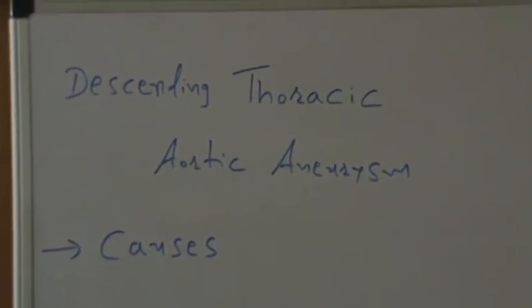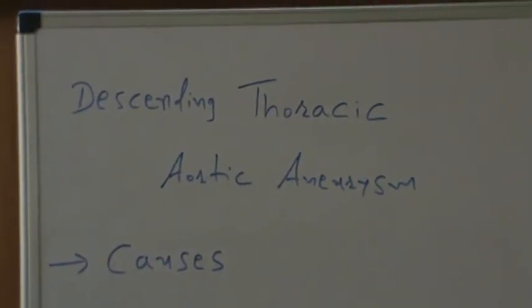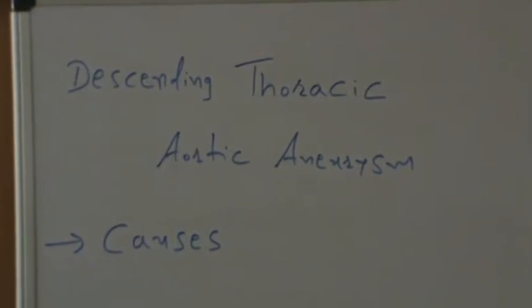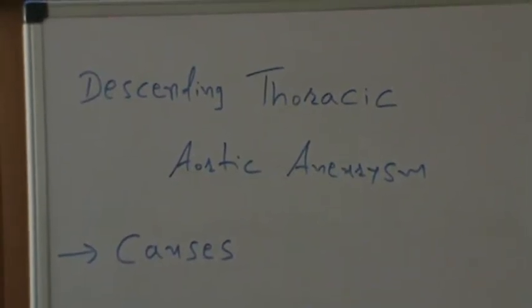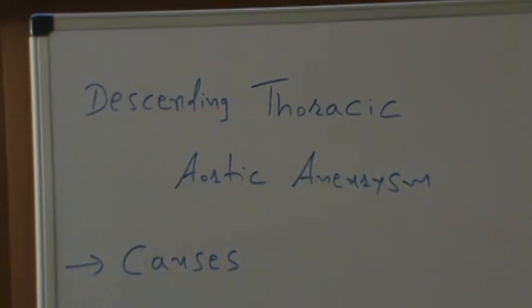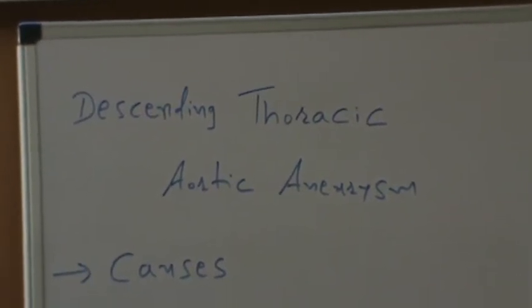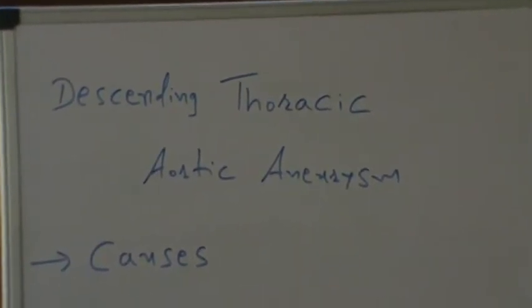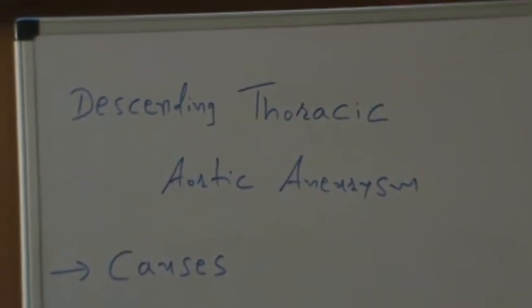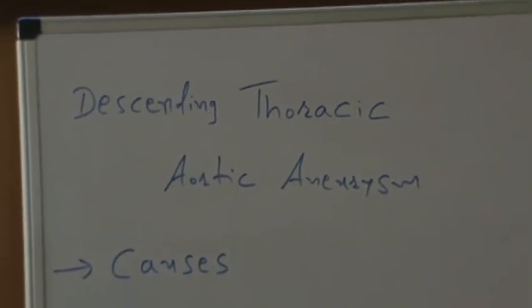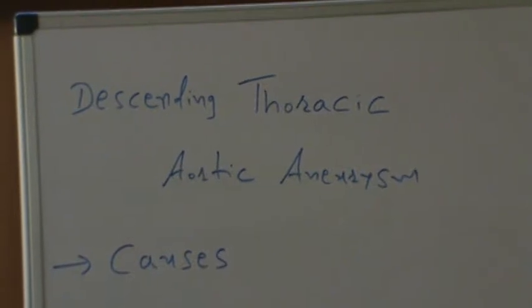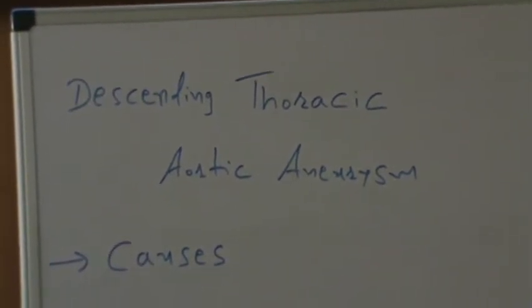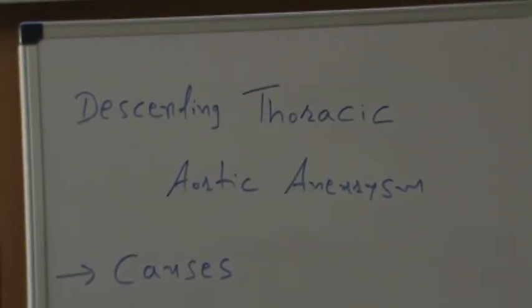The anatomical boundaries of the descending thoracic aorta are the left subclavian artery and the celiac artery. This is the first major artery in the abdominal cavity. The location of the descending aorta provides some idea about the symptoms one may experience if there is a problem with this portion of the thoracic aorta.